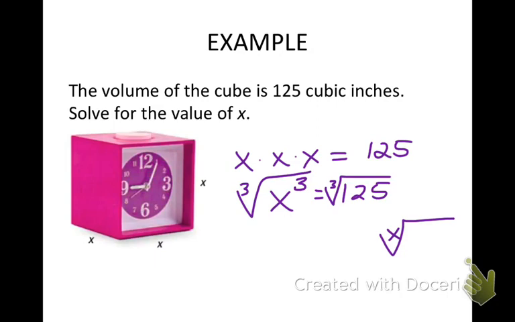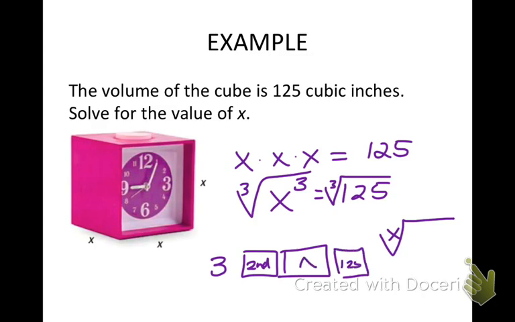See if you can figure it out on your calculator so you know how to do it. Can you figure out how to do a cube root? Like on the TI-30s, you have to hit the number 3 and then hit the second button and then the up arrow and then 125.